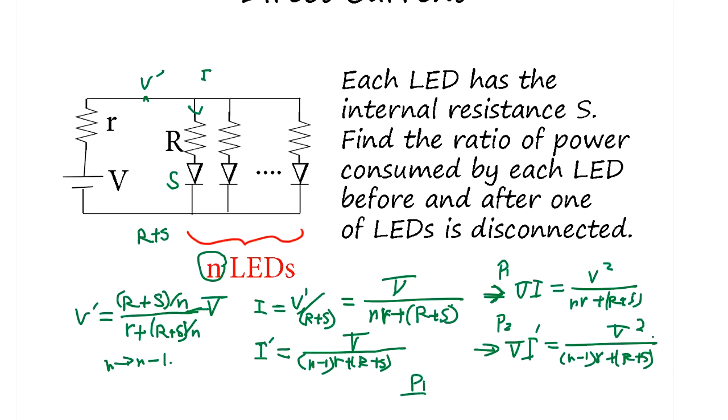So the P1 to P2 ratio is going to be N minus 1 R plus S over NR plus R plus S. So you got the answer here.